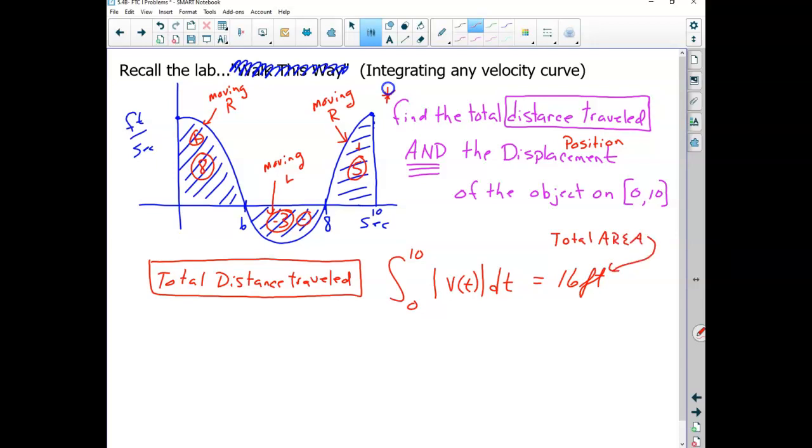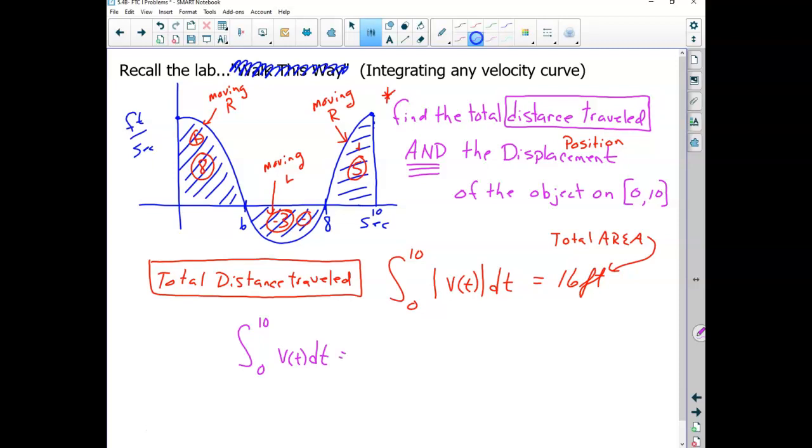Okay, so when I'm thinking of the other one, and what do you mean the other one? When I'm thinking of the integral from 0 to 10 of v of t dt, notice that one does not have the absolute value on it. That's going to give me my net change, or thinking of it that way, that's going to give me the displacement.